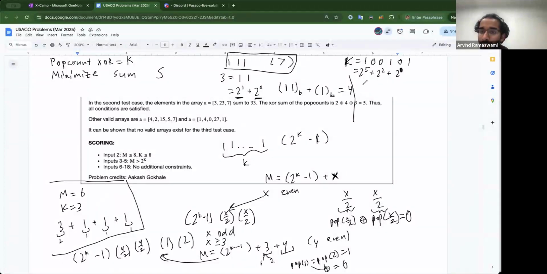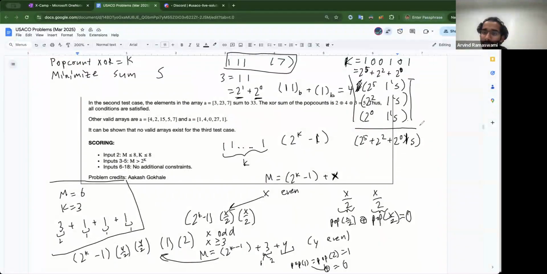But instead, you can consider a number with 2 to the 5 ones, and then another number with 2 squared ones, and then another number with 2 to the 0 ones. Compare this with a single number with 2 to the 5 plus 2 squared plus 2 to the 0 ones.